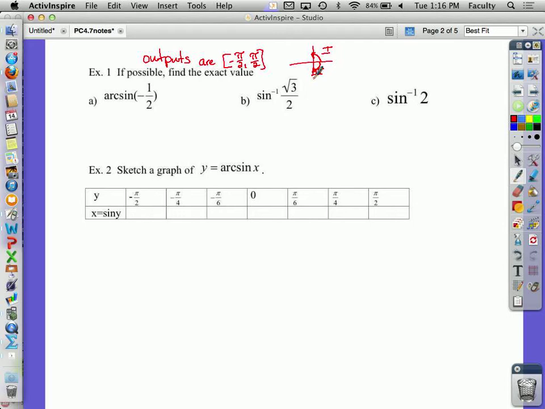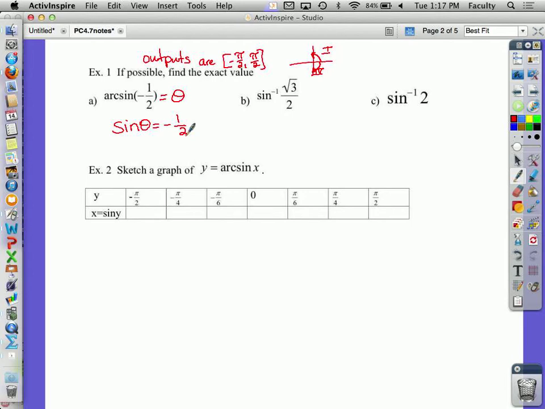So let's look at letter A. It says arc sine of negative 1/2. The answer is an angle between negative pi over 2 and pi over 2. What I like to do with these is rewrite it and say, okay, this actually means the sine of what angle equals negative 1/2. Well, if I'm only in the first or fourth quadrant, I'm not in the first quadrant, because sine is positive there.